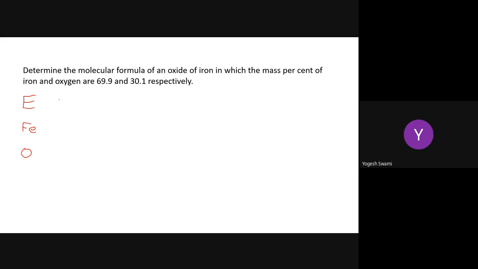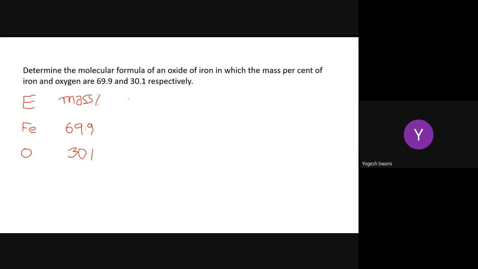The second head of the table is mass percentage. Iron is present in 69.9% and oxygen is present in which ratio? 30.1.